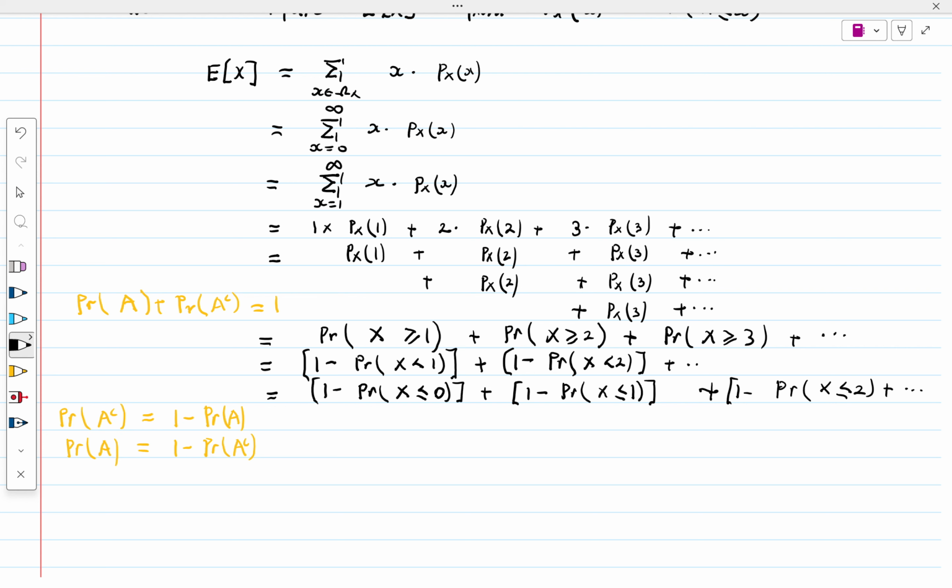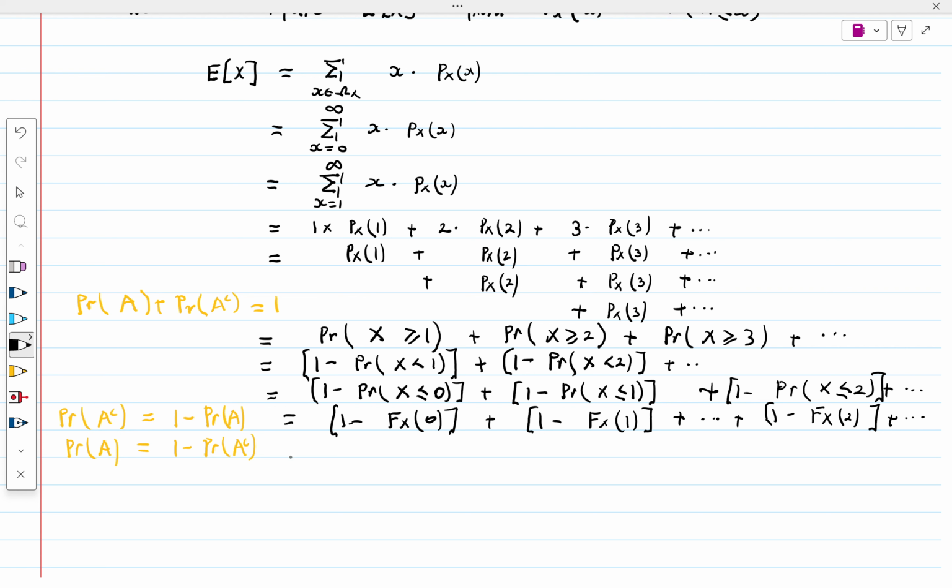And finally, after all of that huffing and puffing, we can rewrite this as 1 minus F_X of 0, plus 1 minus F_X of 1, because that is the definition of the cumulative distribution function, plus 1 minus F_X of 2, plus dot dot dot.